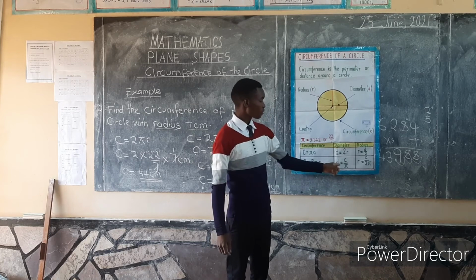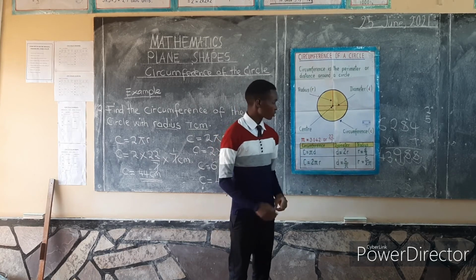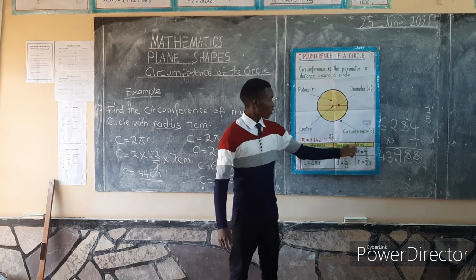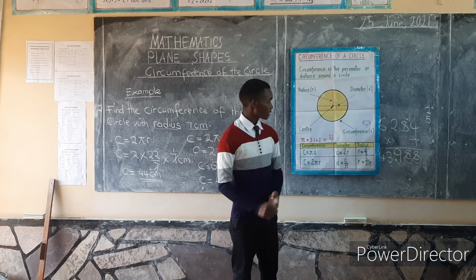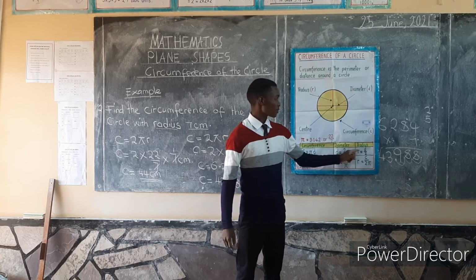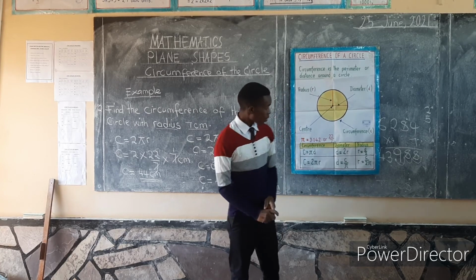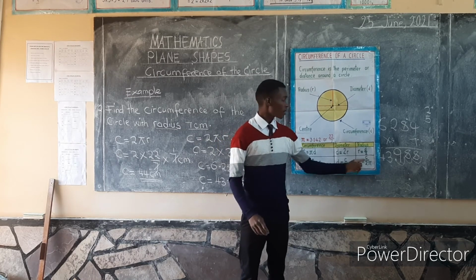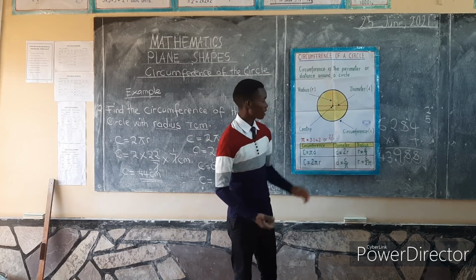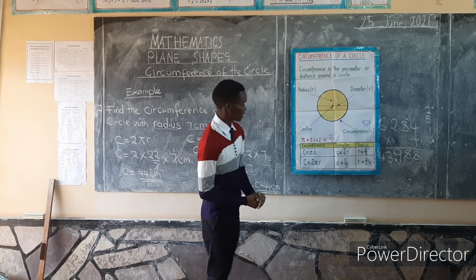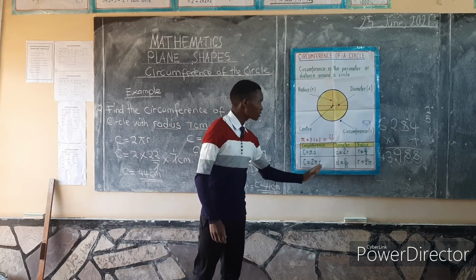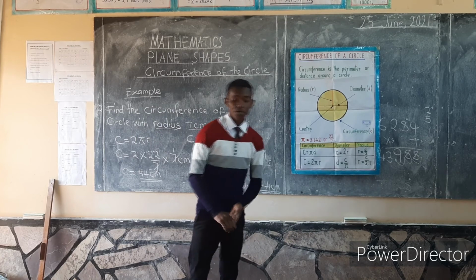You can also use this formula where you have diameter is equal to circumference over the pi that you've been given. Or in case you've been asked to find the radius, you can use this formula where you say radius is equal to diameter over 2. Or you can say radius is equal to circumference over 2 pi. These are some of the formulas that you can use. So the formulae for you to use are these: for circumference, for diameter, or for radius.